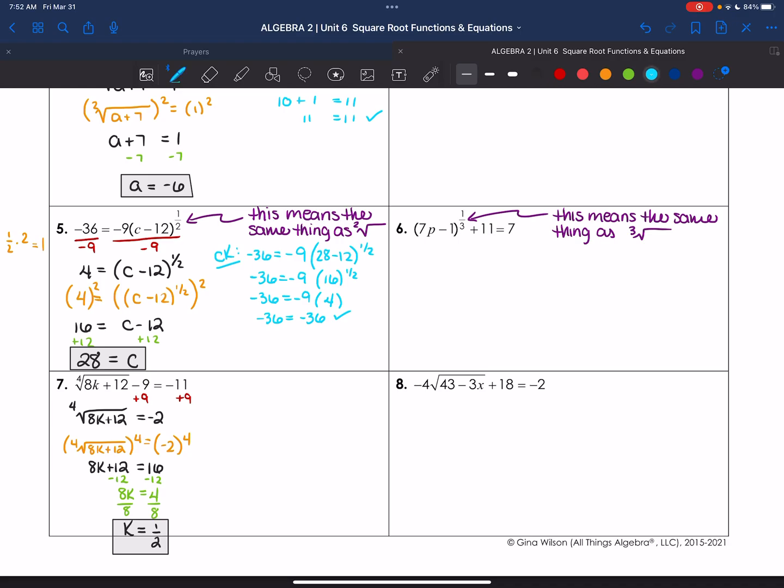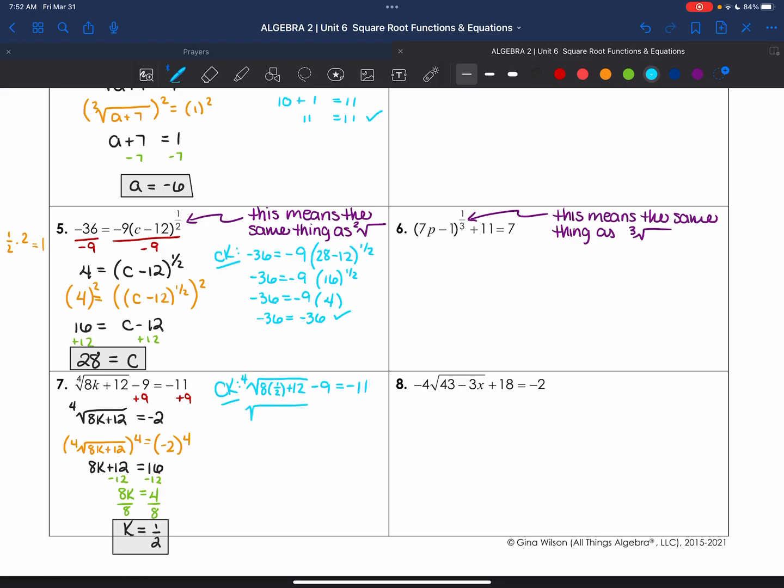So let's check it and make sure that that does make our equation true. I take the 4th root of 8 times 1/2 plus the 12. Then I'll subtract 9 from that, and it should give me a negative 11.